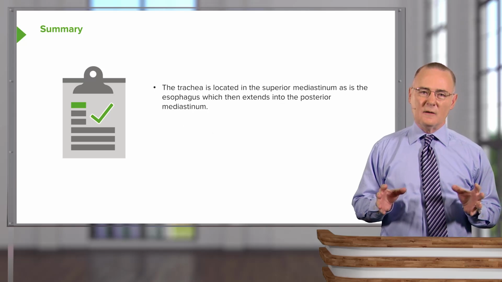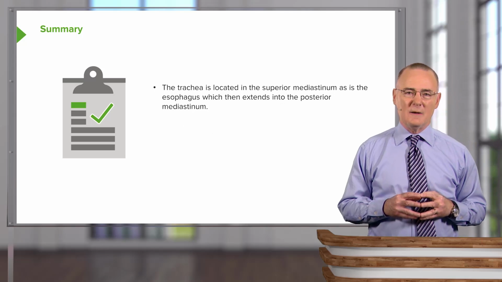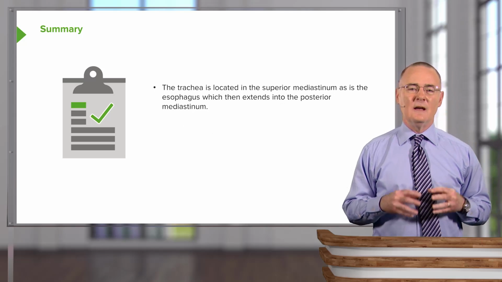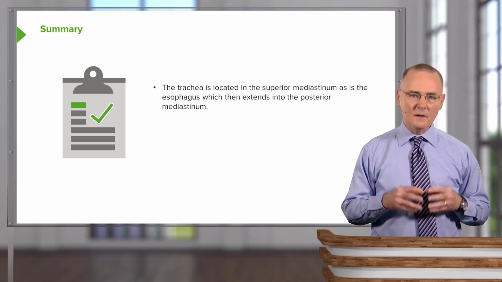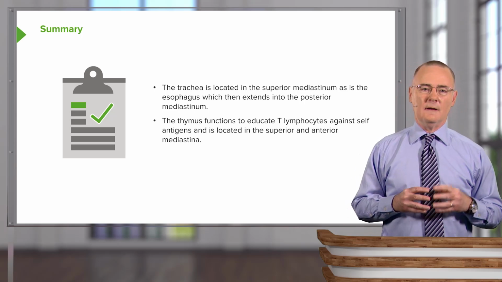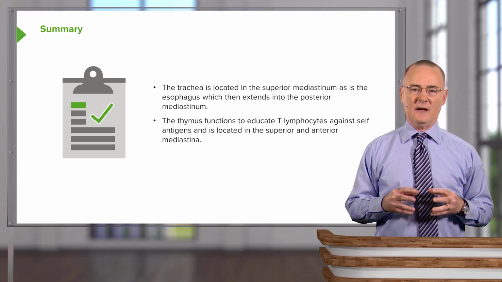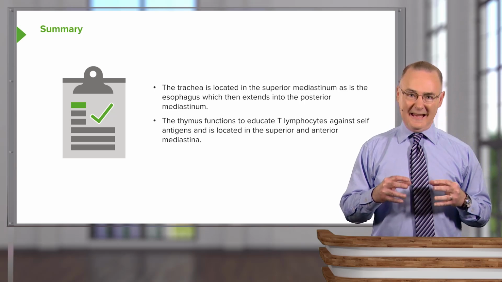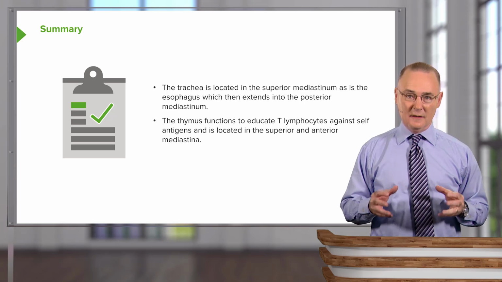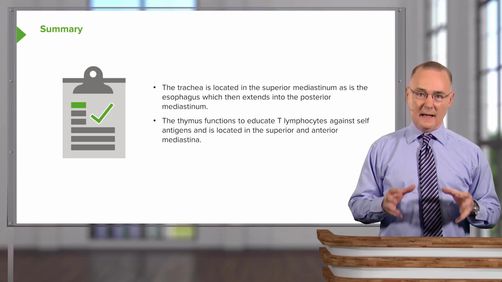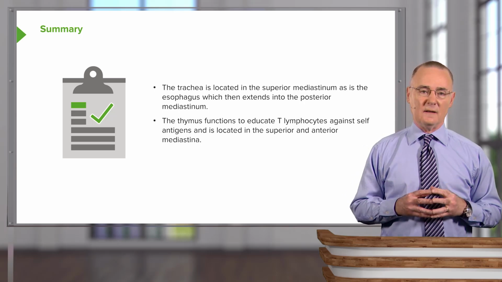The trachea is located in the superior mediastinum, as is the esophagus, and the esophagus will extend into your posterior mediastinum. And the thymus functions to educate T lymphocytes against self-antigens and is located at its maximum development in the anterior and superior mediastinum.